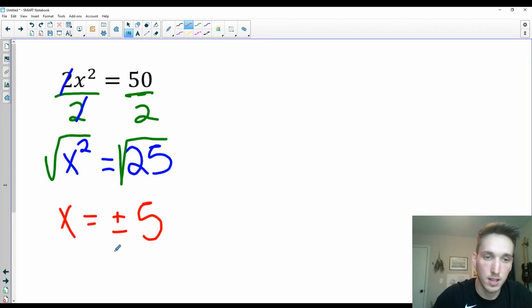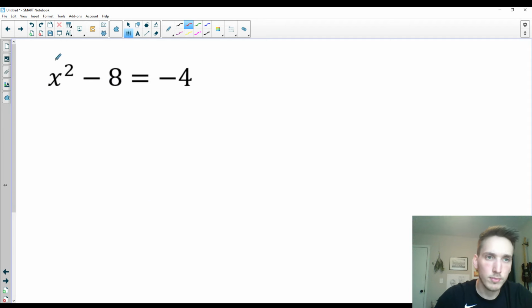Because if you think about it, positive 5 squared equals 25, and negative 5 squared equals 25. So what I would encourage you to do to make sense of this, take positive 5, plug it back in up here, take negative 5, plug it back in up here, and see how both of those, when you plug it into the original equation, will get 50 equals 50, right? It'll give you a true statement either way.